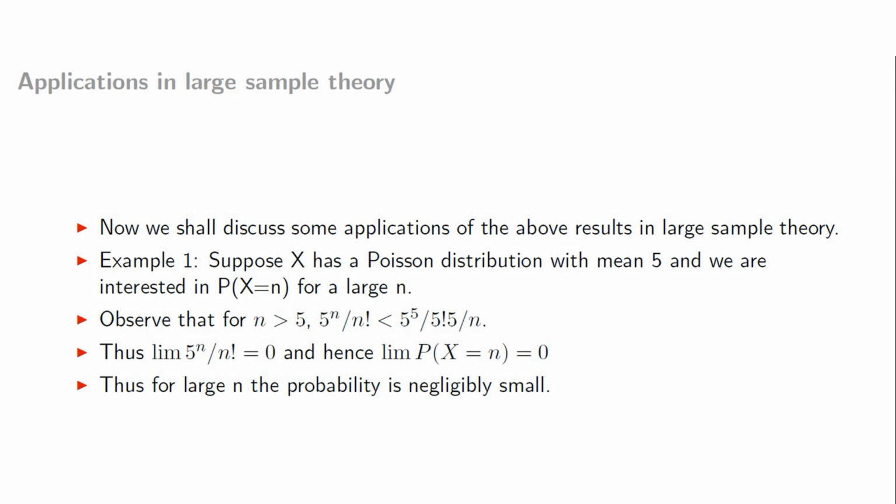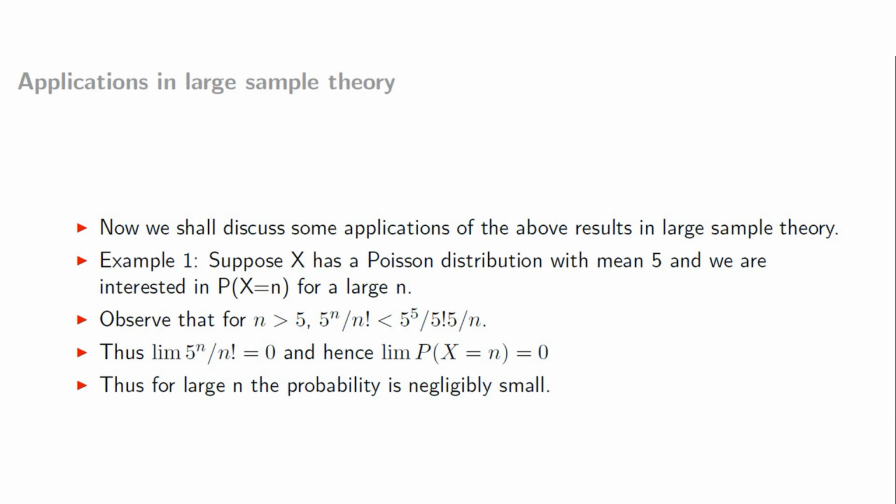So let us give some applications in large sample theory. In example 1, suppose X has a Poisson distribution with mean 5, and we are interested in the probability X equal to n for a large n.